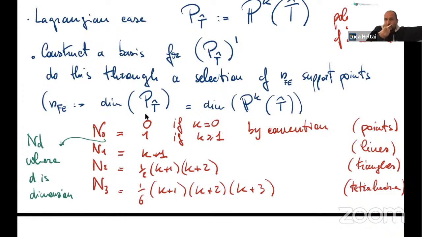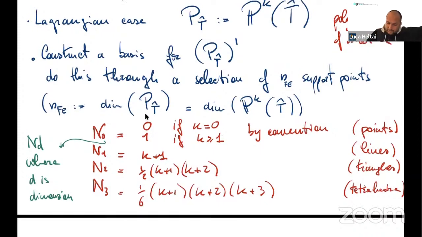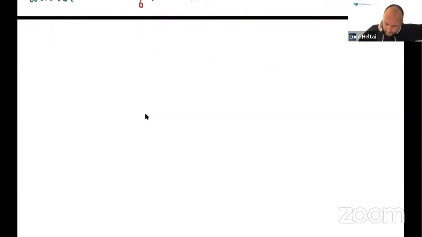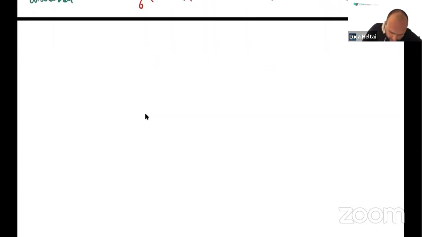The problem is that if you want to impose some sort of continuity between neighboring elements, for example, you cannot choose those points in an arbitrary manner. So the idea of Lagrangian finite element methods is that you associate the support points of these objects to lower dimensional objects for as much as you can, in such a way that the following property is satisfied.